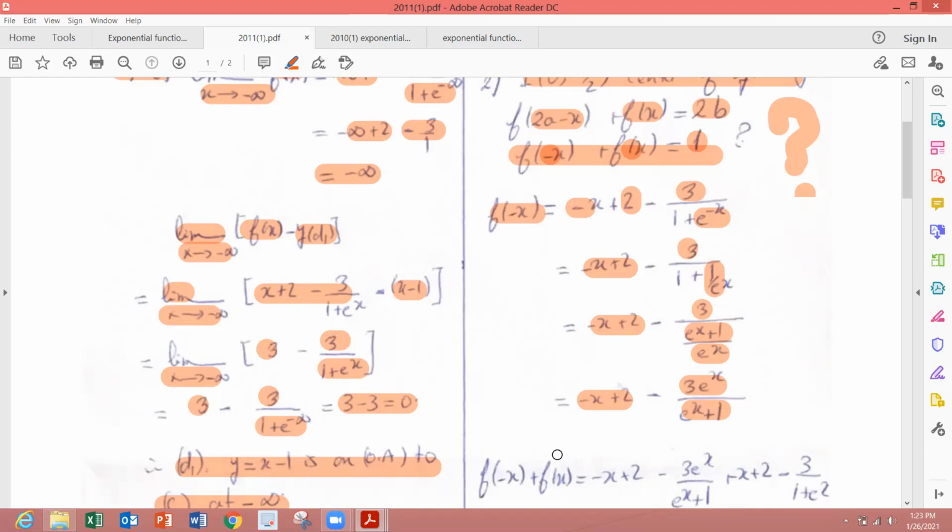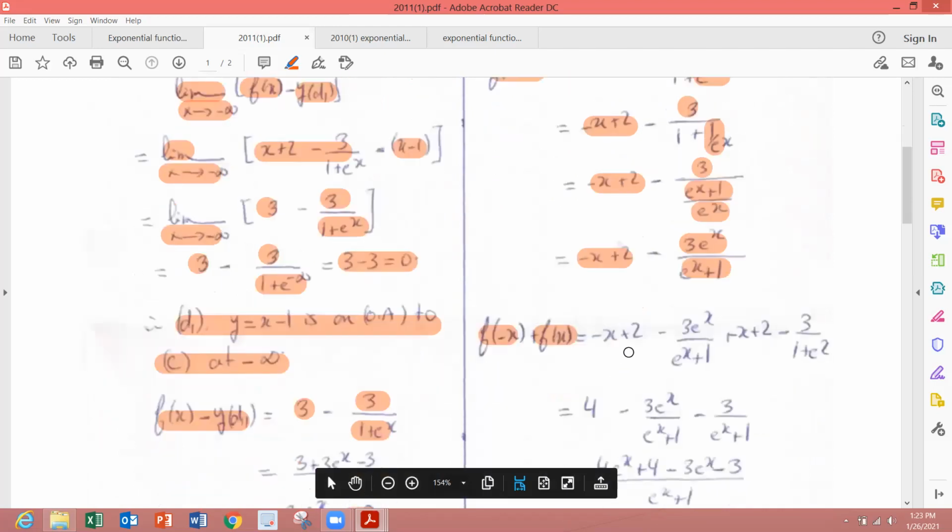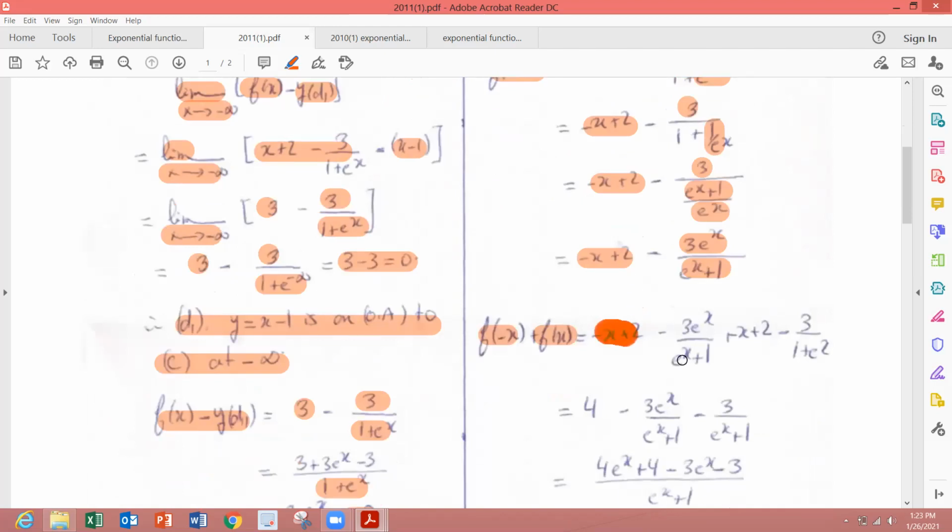Now, f(minus x) plus f(x). f(minus x) is minus x plus 2 minus 3e^x over 1 plus e^x.